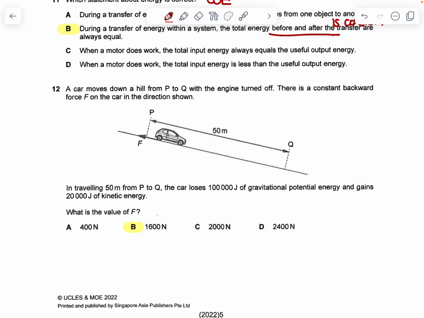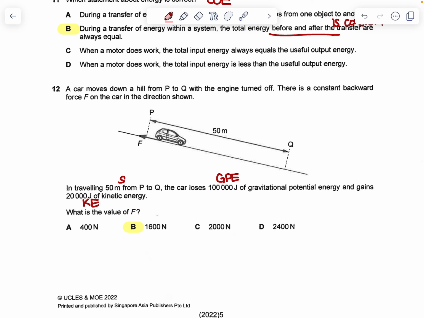Question 12. A car moves down a hill from P to Q with the engine turned off. There is a constant backward force F on the car in the direction as shown. In traveling 50 meters from P to Q, so displacement S, the car loses 100,000 joules of gravitational potential energy, GPE, and gains 20,000 joules of kinetic energy, KE.